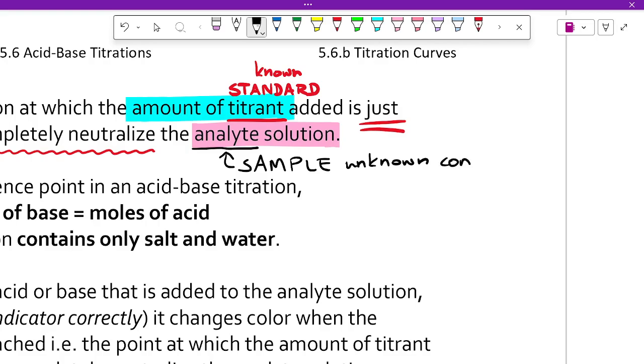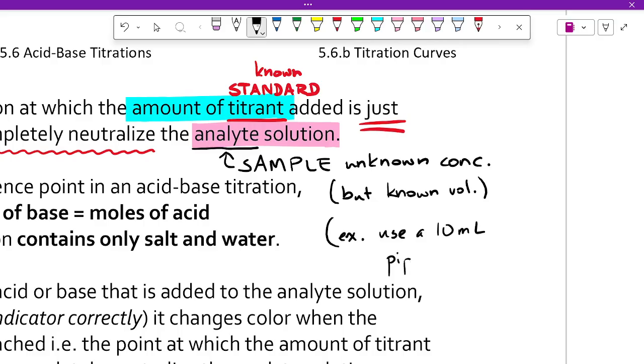So it has an unknown concentration, but known volume. So you would use a 10 milliliter pipette to get 10 milliliters of your unknown into your flask.